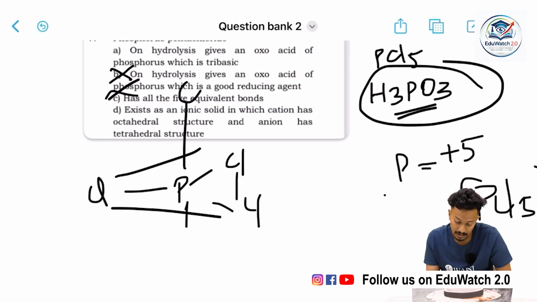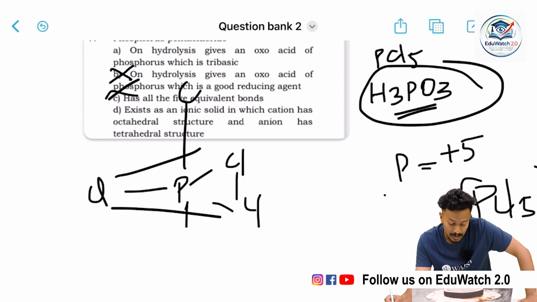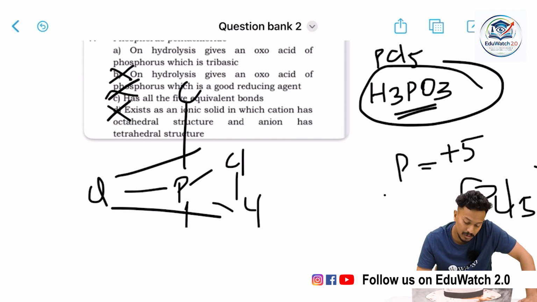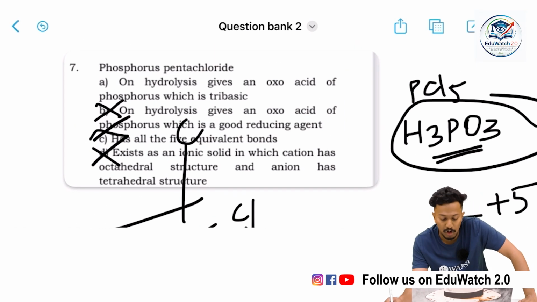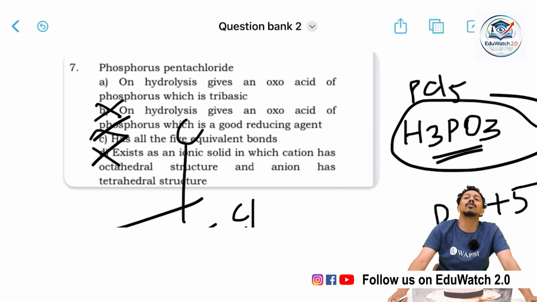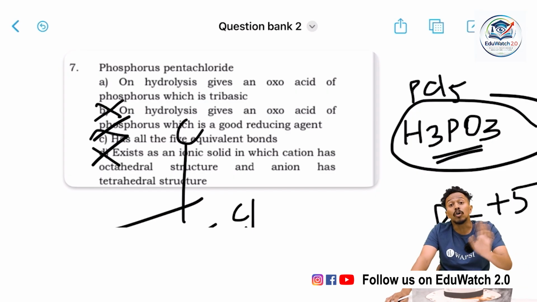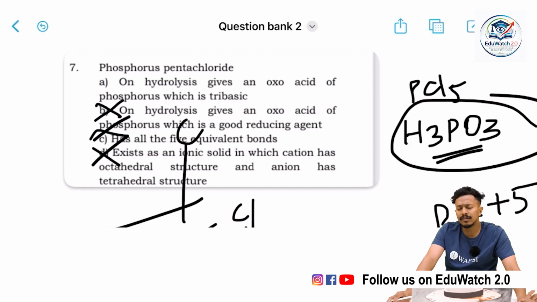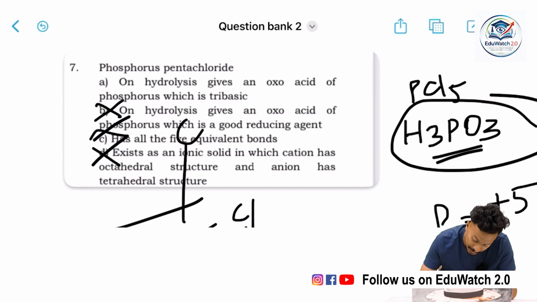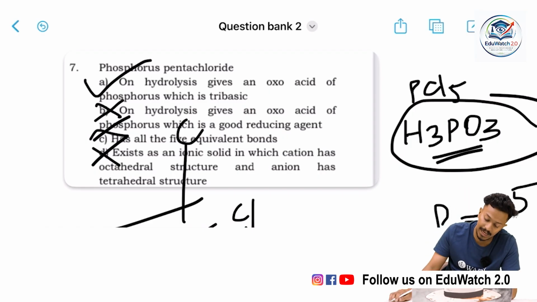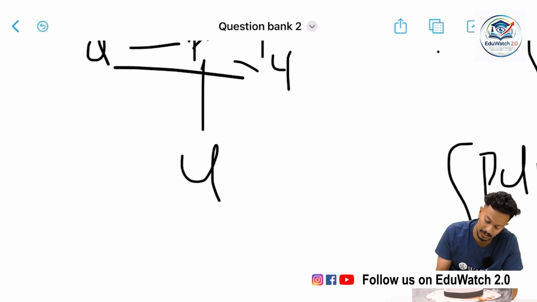So option D is also wrong, and the correct option would be option A, which is on hydrolysis of phosphorus pentachloride we get an oxo acid, orthophosphoric acid, which is a tribasic acid. Okay. So option number A is the correct answer for phosphorus pentachloride.